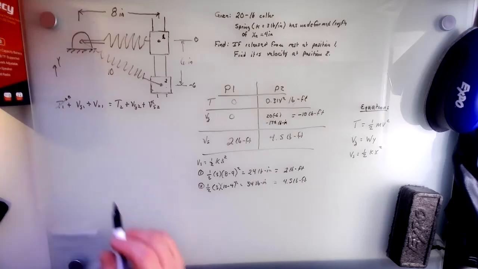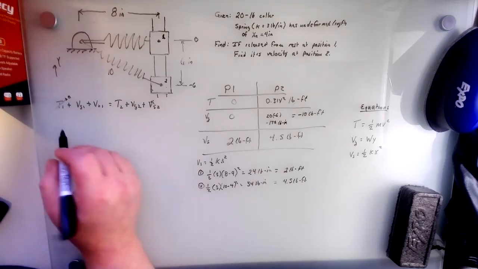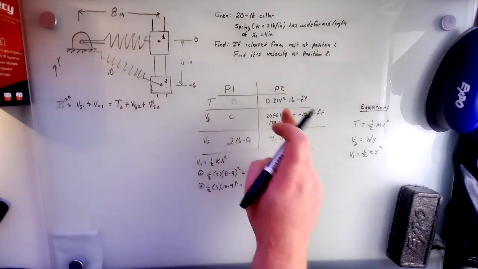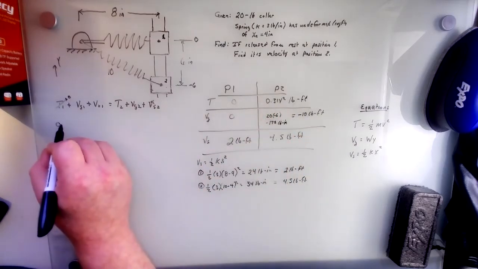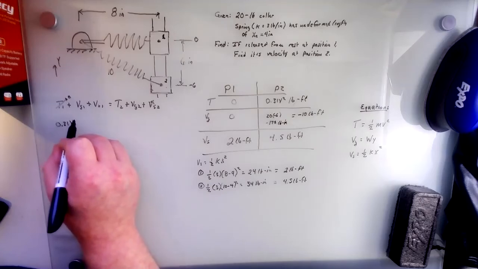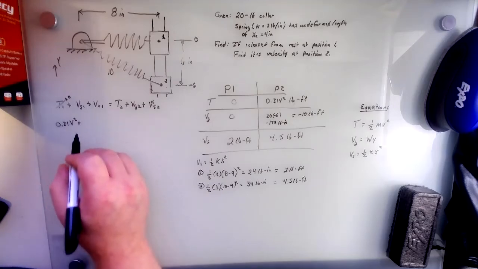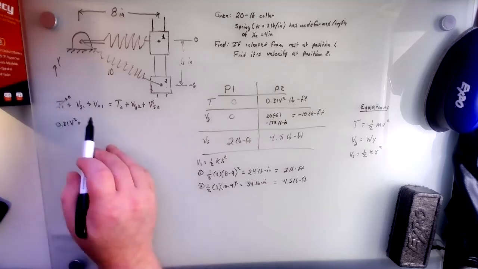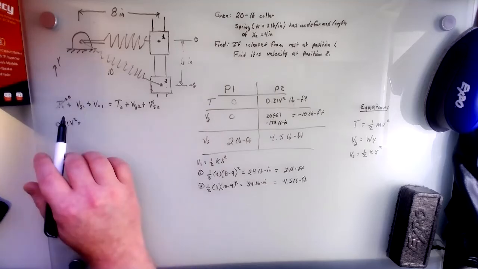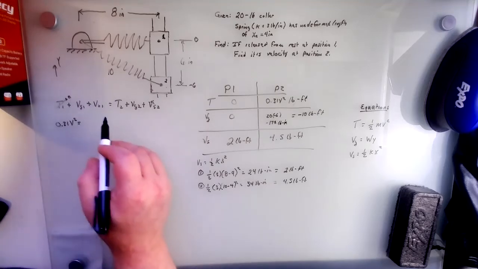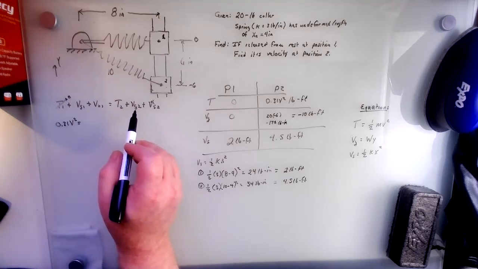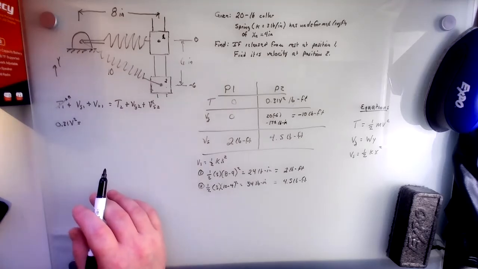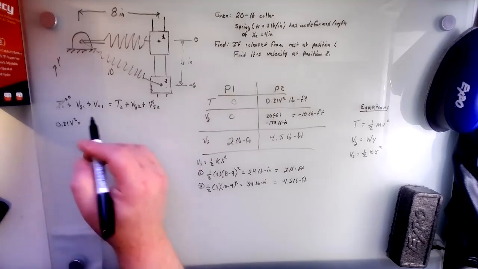Sweet. So let's rearrange this. We get T2 on one side because we're going to be solving for this. So 0.31 v squared is equal to, and with the T2, I just switch the sides. We would subtract VG2 and VS2 from both sides. We could do it in either way.